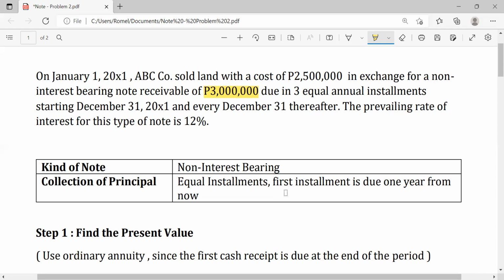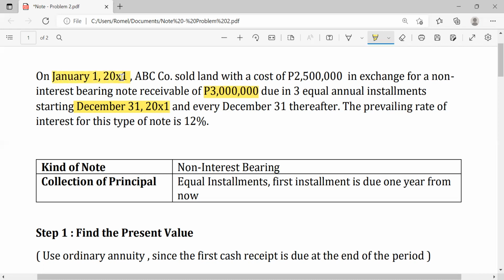And then second thing that is also important. When is the first collection? The first collection will start on December 31, 20X1. So sa December 31, 20X1, magsisimula ang first collection ng principal, which is 1 year from January 1, 20X1.